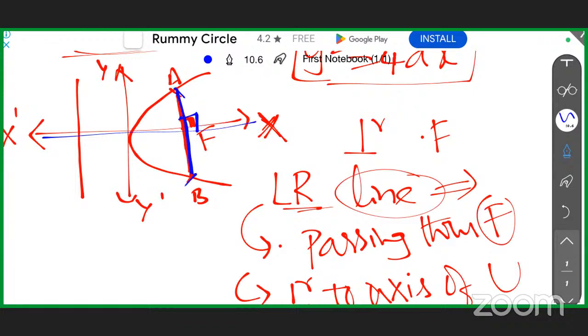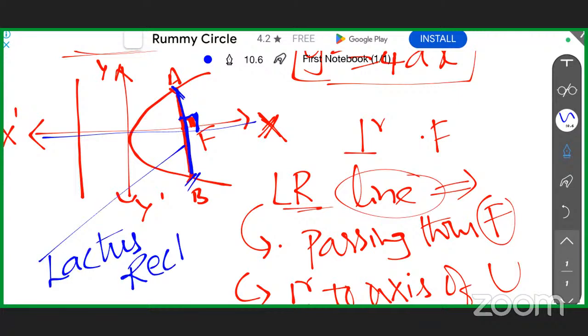Such a line is called latus rectum. So here, all that is done by my line AB. My line AB is passing through the focus, is perpendicular to the axis of parabola, and is meeting the parabola at both the ends, A and B. Therefore, I can say my AB is a latus rectum.